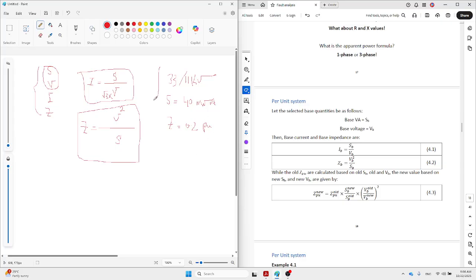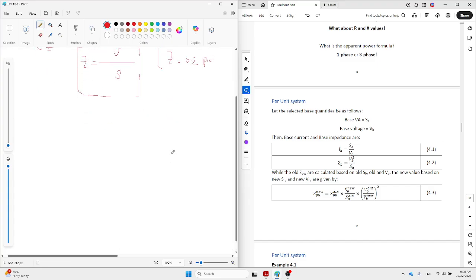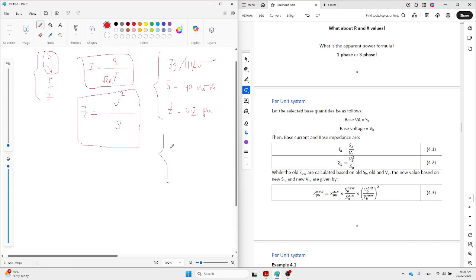Okay. Then in your power system you have another component, which is a generator. That one generates at 11 kV. So you can see it's still in range. The S for this one is 50 megavolt amp, and then the Z is equal to 0.2 again, just assume, okay?